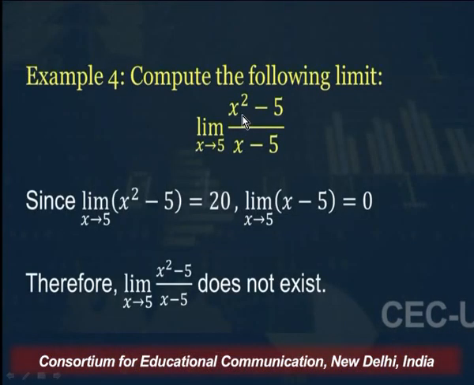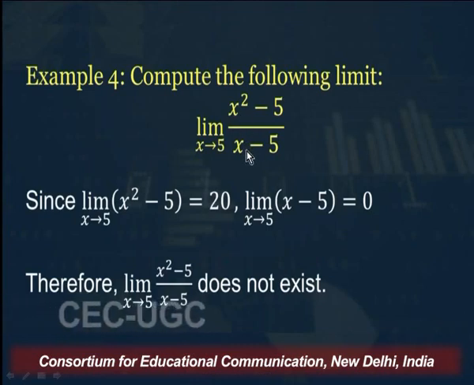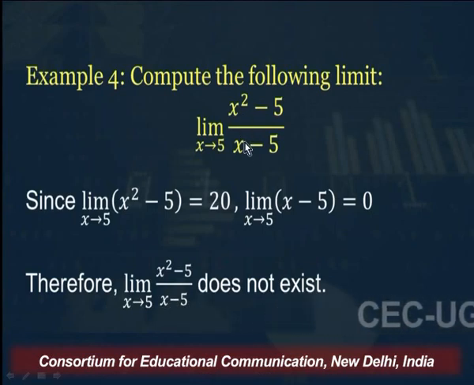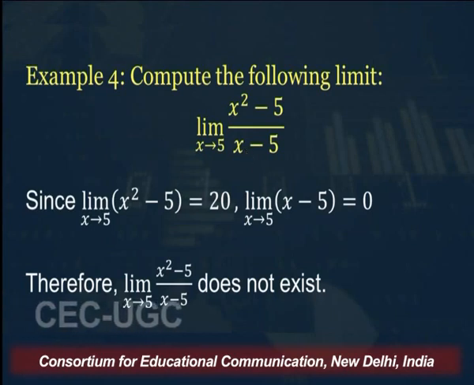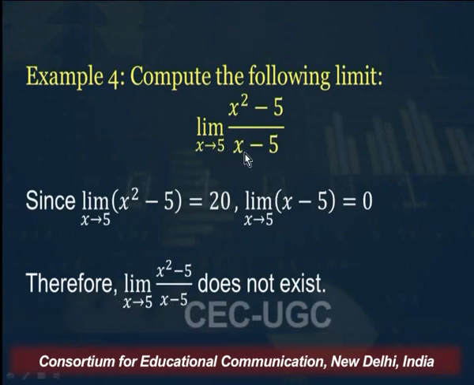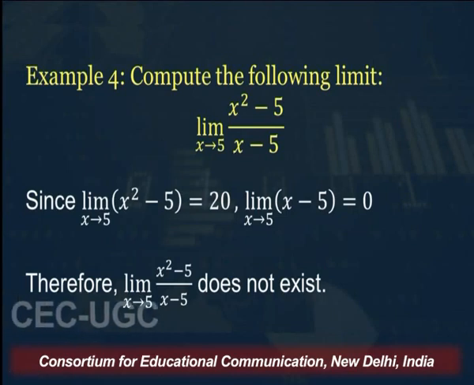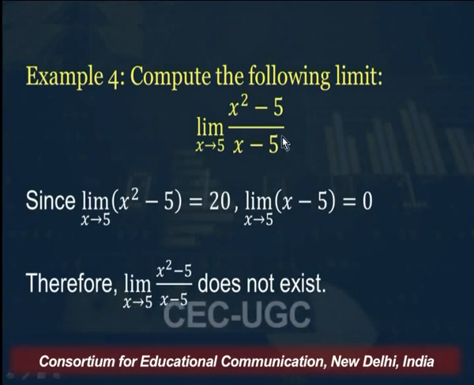In fact, here if you have done the details of limits, you can note for yourself that as x tends to 5, the numerator will be 20, but as x tends to 5 from values of x larger than 5, the denominator will be positive, but as x tends to 5 from values of x less than 5, let's say 4.9999, then you are going to deal with a denominator that is negative.